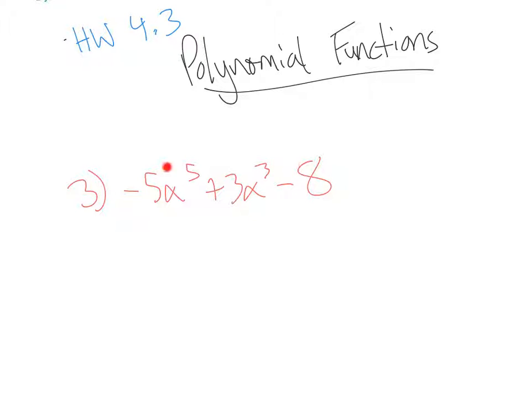This is already in descending order, meaning the exponents on my variables go down as we go to the right.